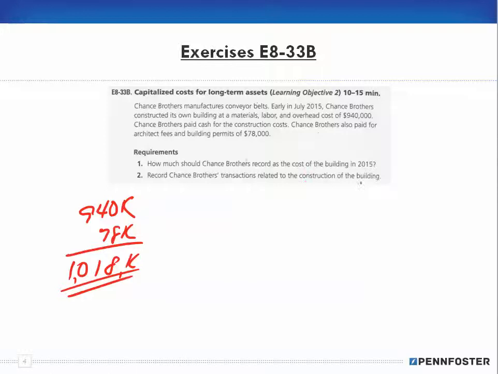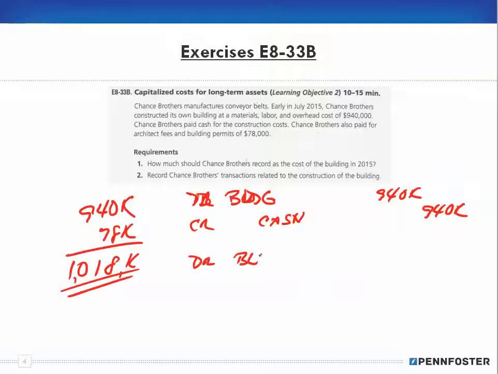Record the transactions related to the construction of the building. Okay, so we're going to debit building for $940,000, and we're going to credit cash for the $940,000. And then for the additional $78,000, we debit building again, the same account, because it is part of the cost of that asset, right?